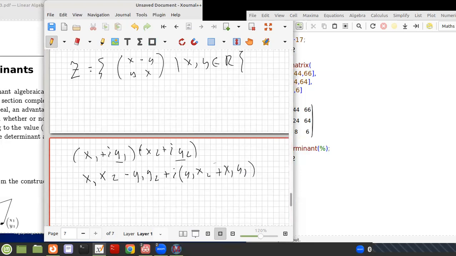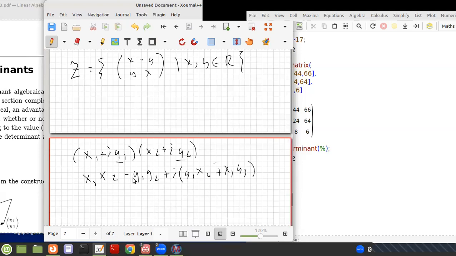I just multiplied out: x1 x2, that's this one. Then I y2 times I y1, I get a minus sign from this I squared, y1 y2. Then the cross terms, the I doesn't go away, I have y1 x2 and x1 y2. So it's this weird product. It makes you unhappy because it's like, why did it have to be so complex?